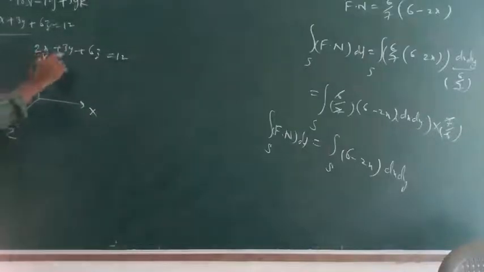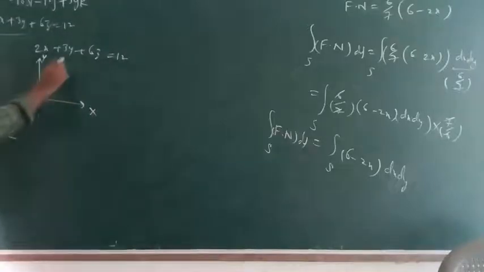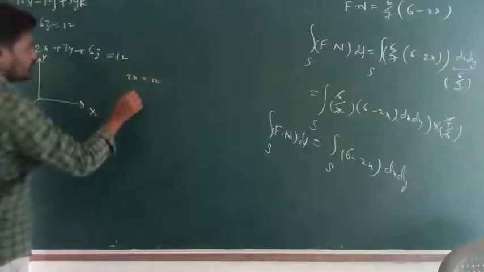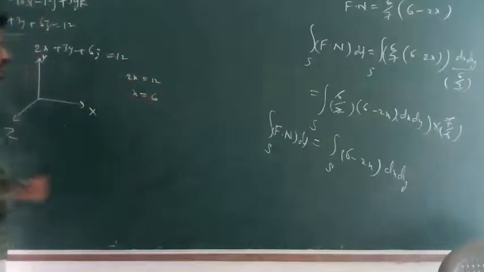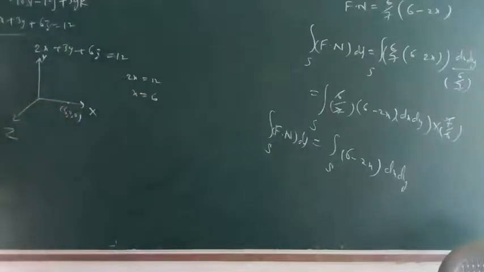On the x-axis, y value is 0 and z value is 0, so 2x is equal to 12, nothing but x equal to 6. So this point is 6, 0, 0.